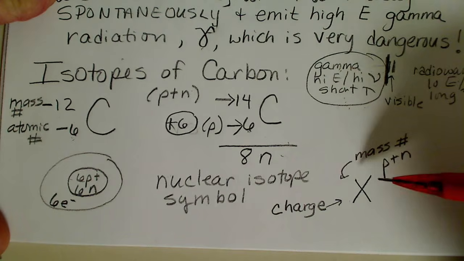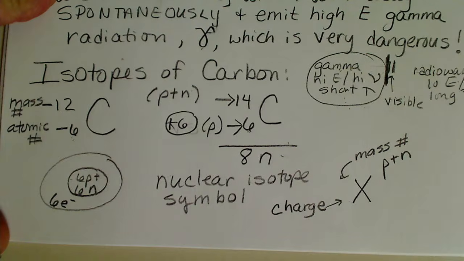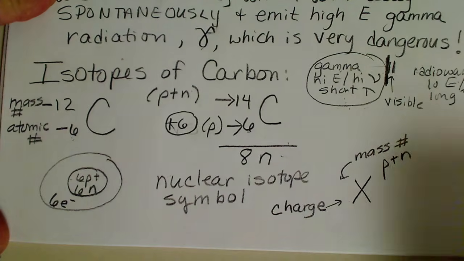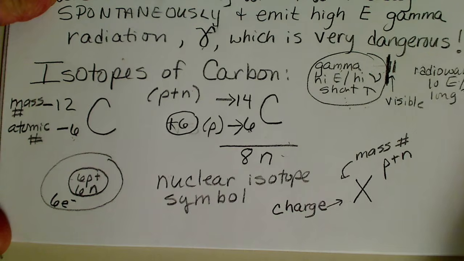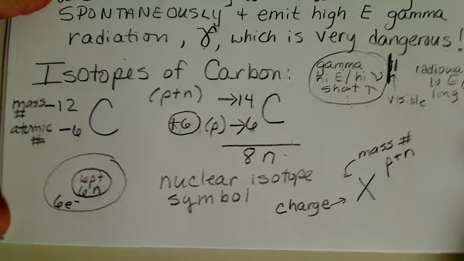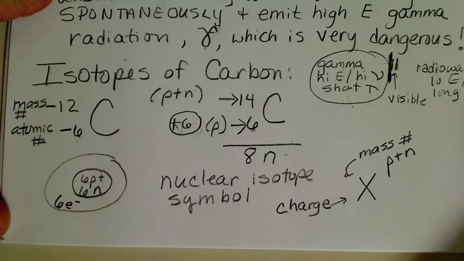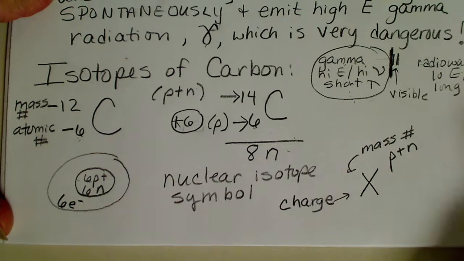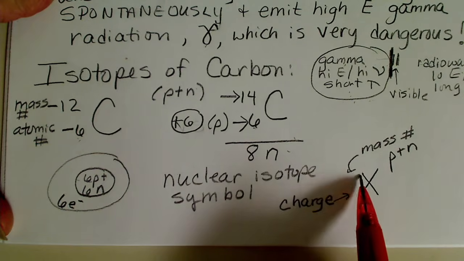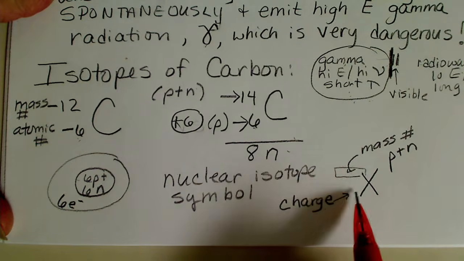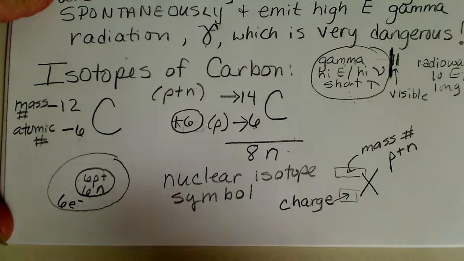So our symbols, whether they are nucleons, radionuclides, a nucleus, or one of the emitted particles that are given off during a radioactive reaction, we're going to see a number at the top and a number at the bottom.